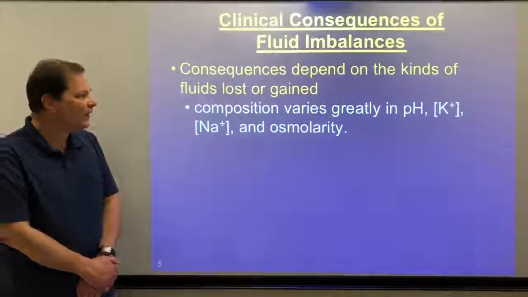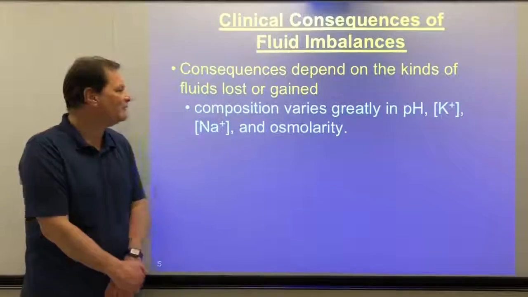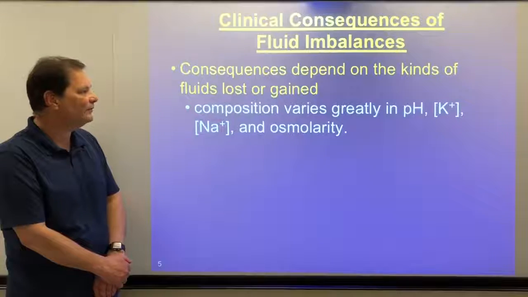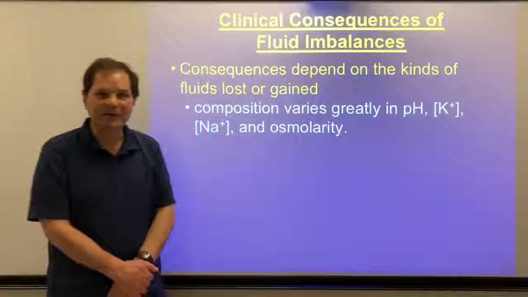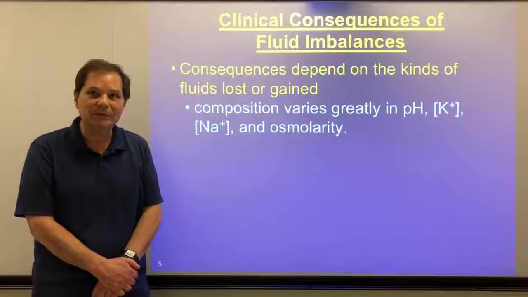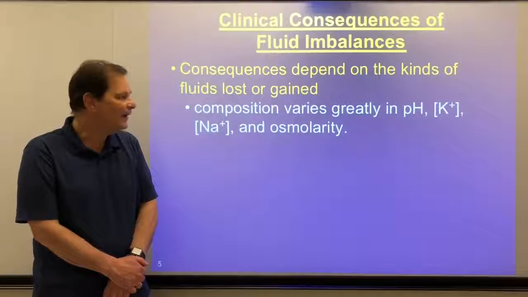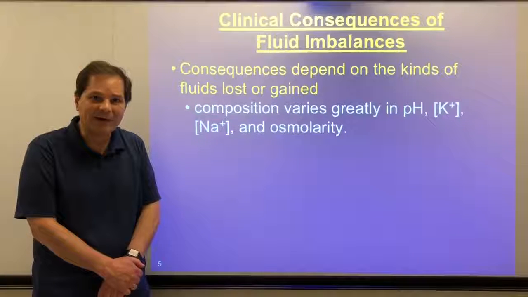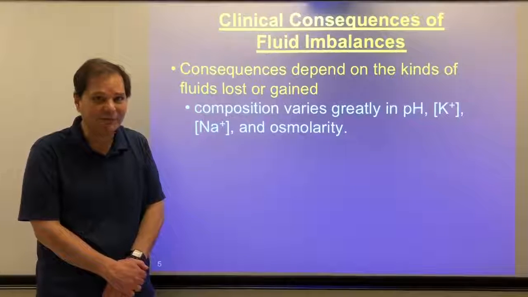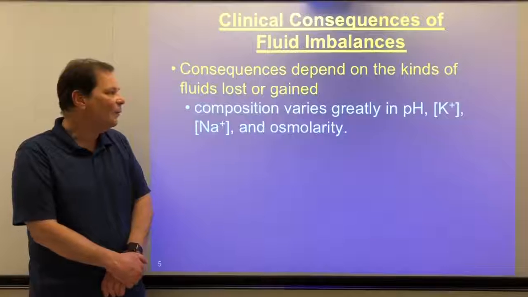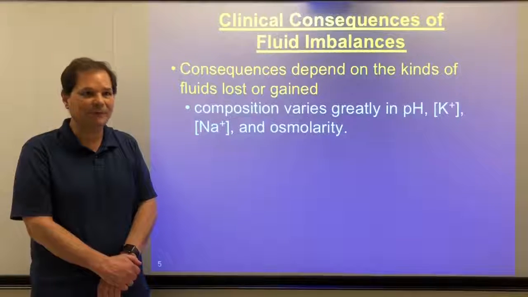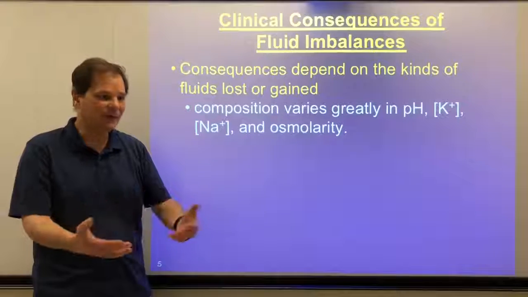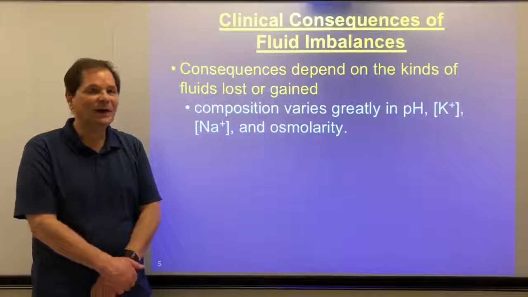The consequences of these sorts of perturbations depend upon the composition of the fluid. And things like pH are going to really affect this. If you're losing a fluid that has a different pH from your body fluids, your plasma, 7.4, then it's potentially going to change the pH of your body because you're losing too much hydrogen ion.